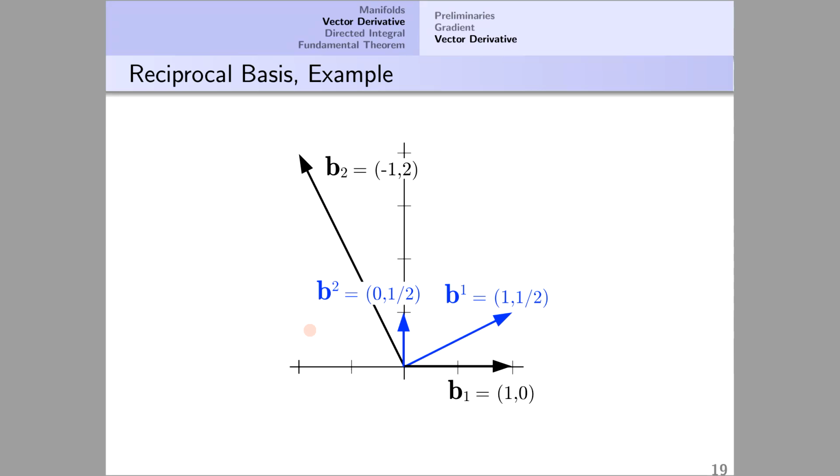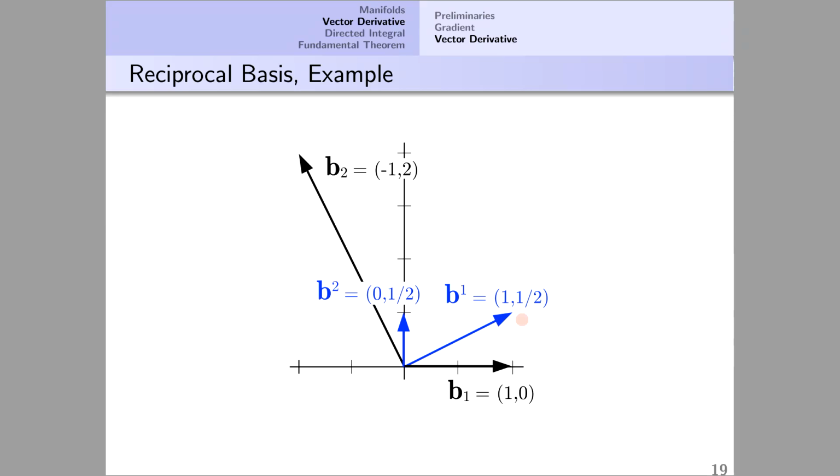Here's an example. I'll start with a black basis here, B1, B2. Then the blue basis is the reciprocal basis. For example, if I take the inner product of B super 1 with B sub 1, I'm supposed to get 1.